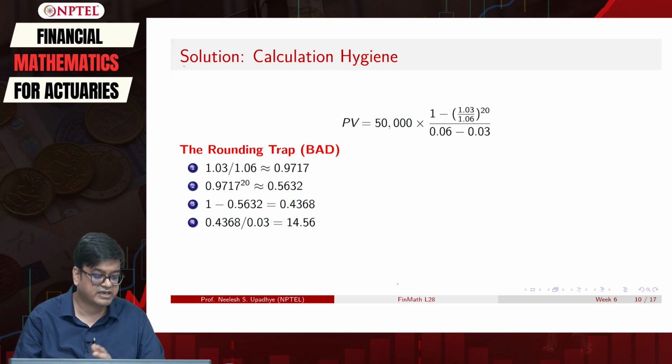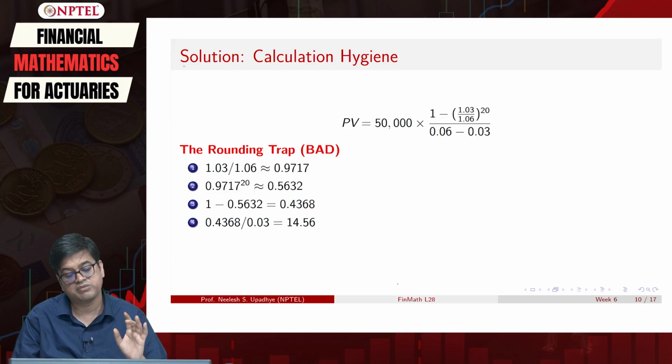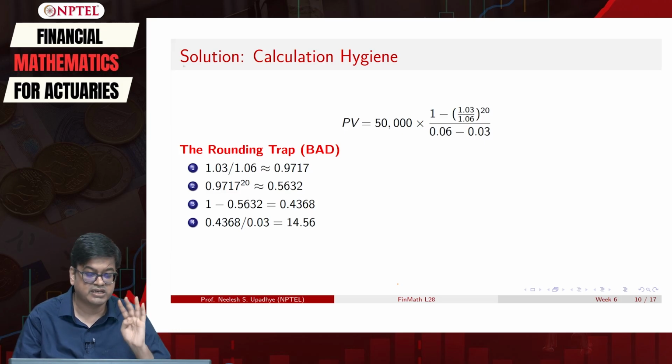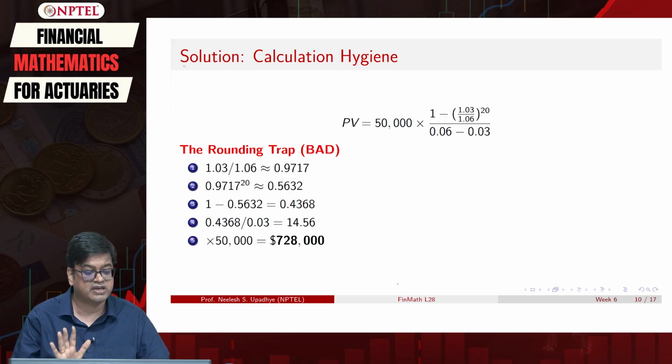Then you subtract this 0.5632 from 1, and you divide this 0.4368 by 0.03. Remember, I am maintaining a precision of 4 decimal places in all these calculations. And then finally I multiply by 50,000, and the answer comes out to be $7,28,000. Okay. This has a rounding trap.